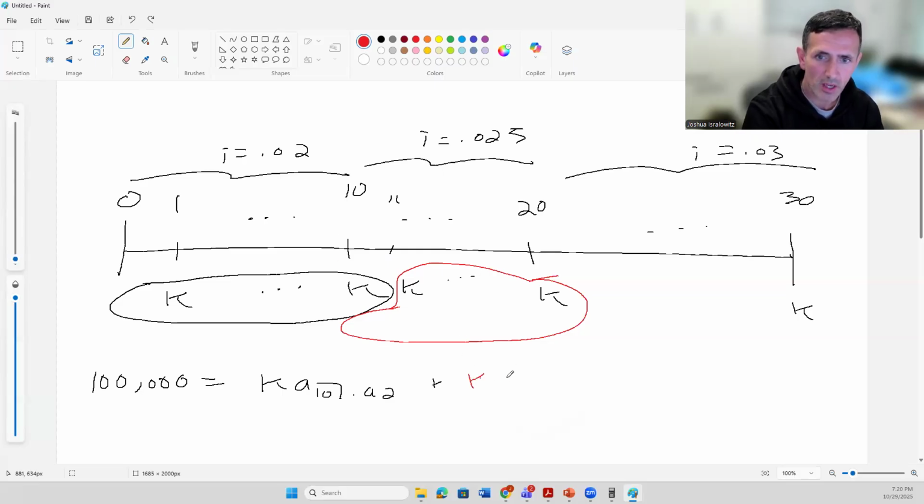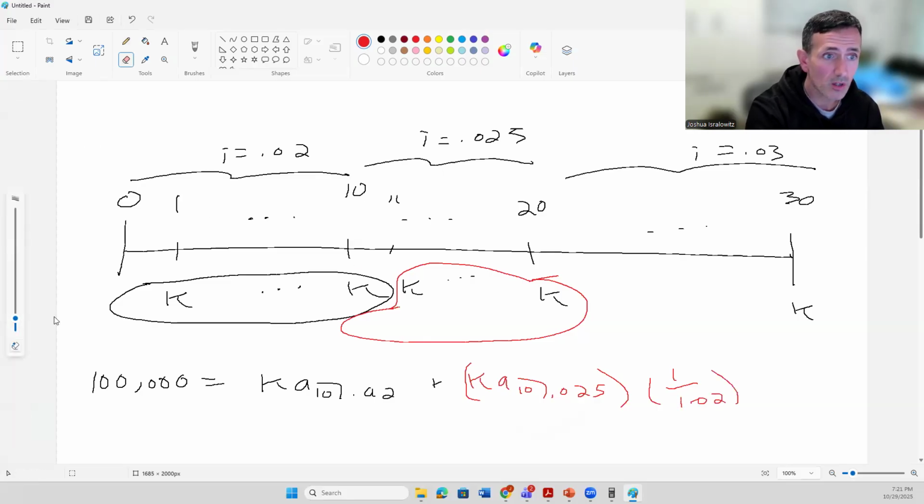So it's K a angle 10 at 2.5%, but we discount by 10 years from 10 to 0 at 2%, because the 0 to 10 interest rate is 2%. So 1 over 1.02 to the 10.